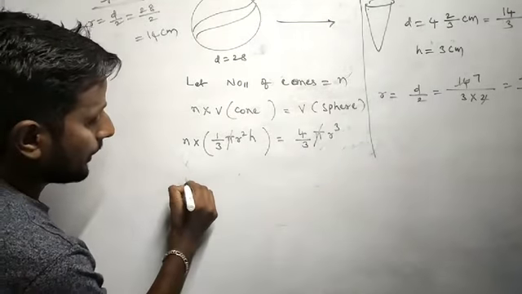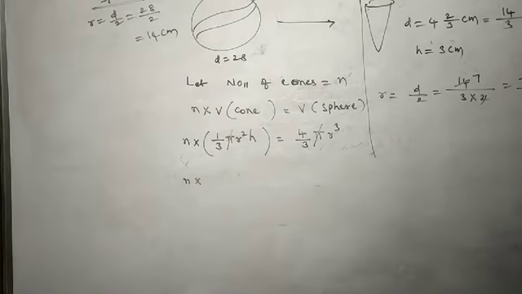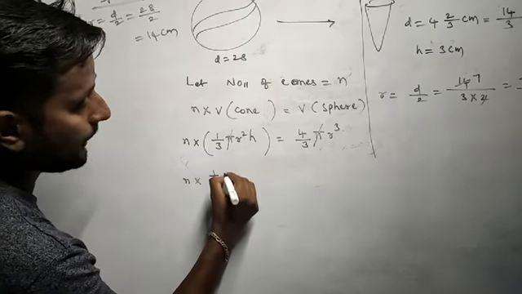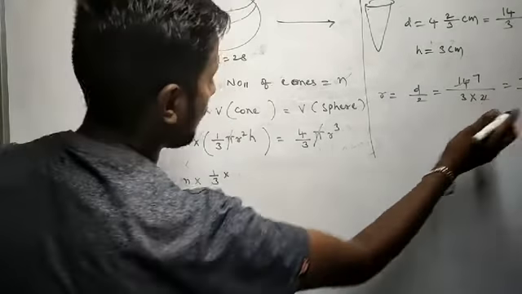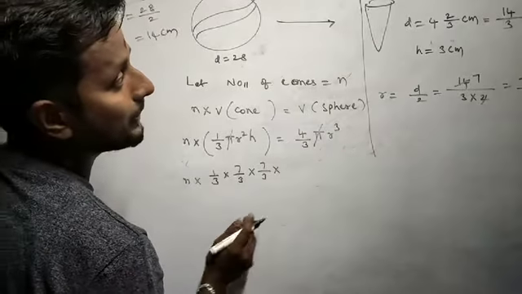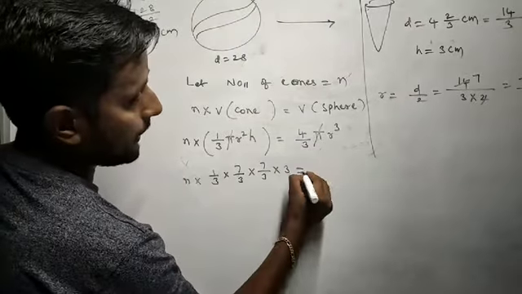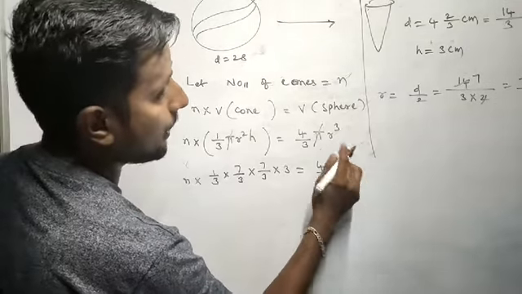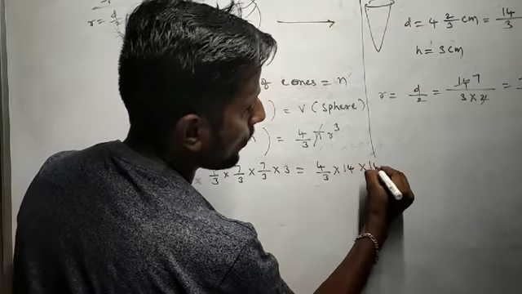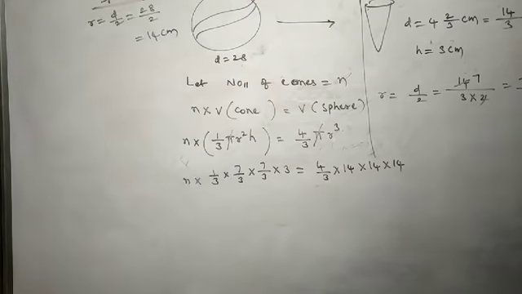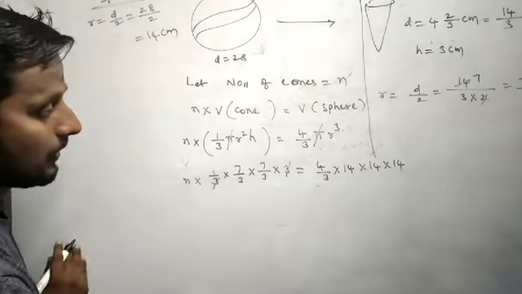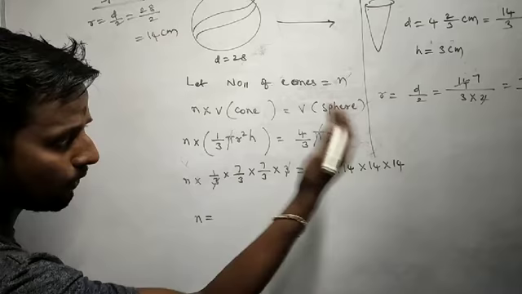Don't get confused now. N into 1 by 3 pi get cancelled already. R of the cone is 7 by 3 into 7 by 3 into height of the cone 3 is equal to 4 by 3 into r of the sphere, okay? So we got 14 into 14 into 14. We'll see, 3 and these 3 get cancelled, correct? Simple. N is equal to, get all terms to there.